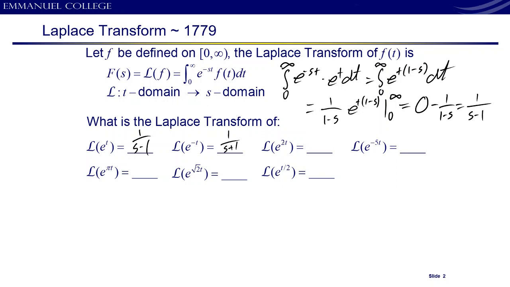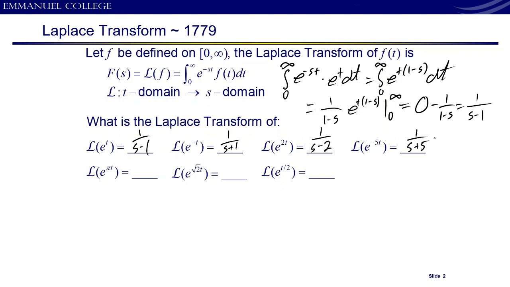And then if we did e to the 2t's Laplace transform, this would just be 2 minus s, which means we're going to have 1 over 2 minus s, e to the t times 2 minus s, which is going to give 1 over s minus 2. And I think you see how it goes from here.